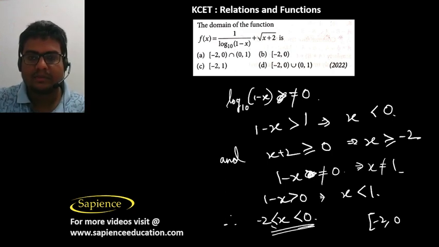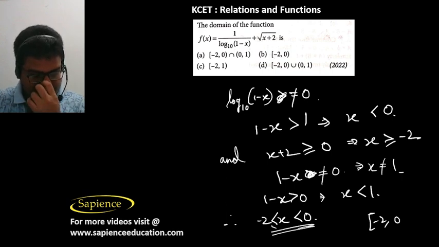One minus x should be greater than 0, so x should be less than 1.